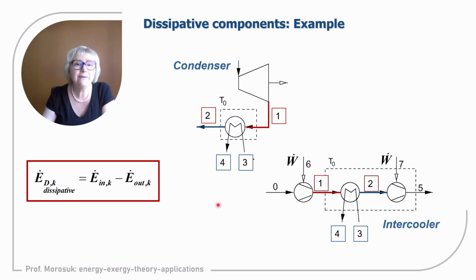In this way, if we write inlet minus outlet, it is assigned to the streams for the cycle, 1 minus 2. Streams 3 and 4, the exergy transfer to the environment, just vanish from the analysis and we even don't need to simulate parameters in these streams.